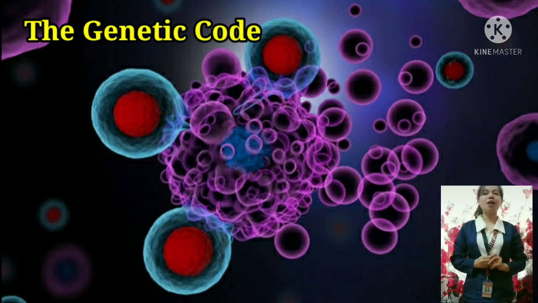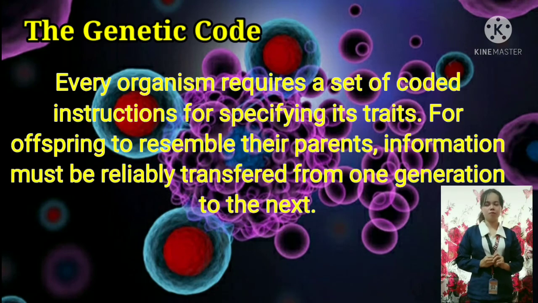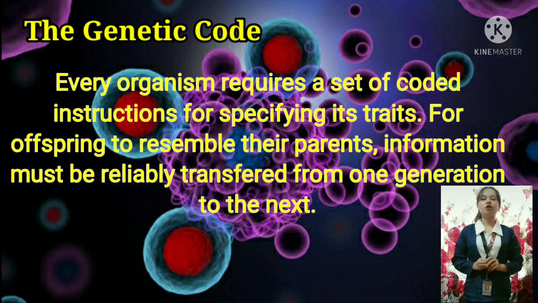Now, let's talk about the genetic code. Every organism requires a set of coded instructions for specifying its traits. For offspring to resemble their parents, information must be reliably transferred from one generation to the next. Heredity is the passage of these instructions from one generation to another.